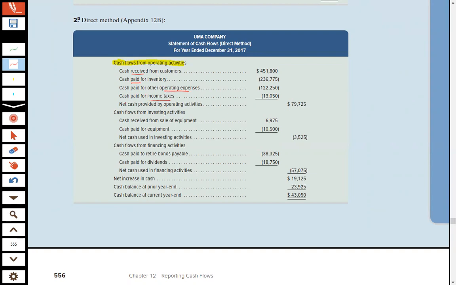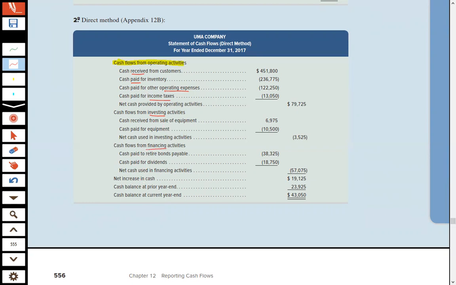No adjustments of depreciation, no adjustment of gains and losses, and that's it. These are the four line items. And if we have no operating expenses or no income taxes payable, then these line items will also not appear. The only calculations will be of cash received from the customers and cash paid for the inventory. Now, cash flow from investing activities and financing activities will remain the same.